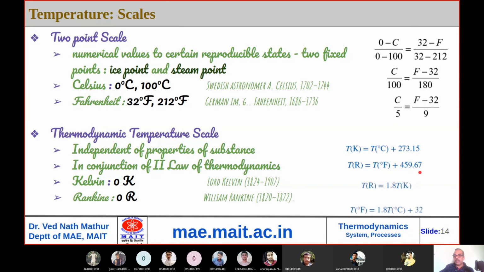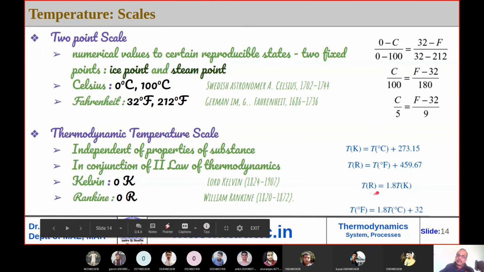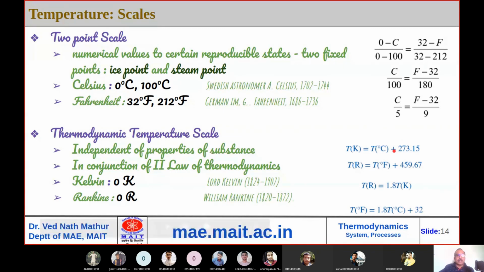So T in Rankine is 1.8 times T in Kelvin, and T in degree Fahrenheit is 1.8 times T in degree centigrade plus 32. So these relations again you should remember for solving MCQ type questions for interconversion of temperature scales. For PV is equal to RT, we always use temperature in Kelvin.